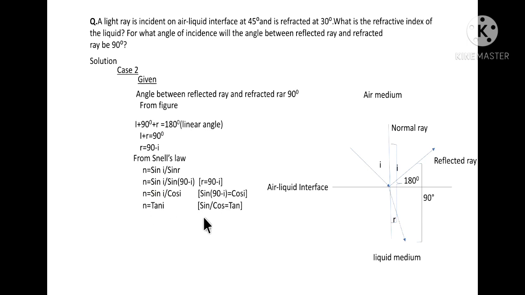So in place of that we have written cos I. So sin by cos is tan, so n equals tan I, and the n value from case 1 we have solved, 1.414, is equal to tan I, and 1.414 is equal to tan 54.7 degree. Tan I as it is we are writing here, tan gets cancelled, so the I value will go to 54.7 degree.